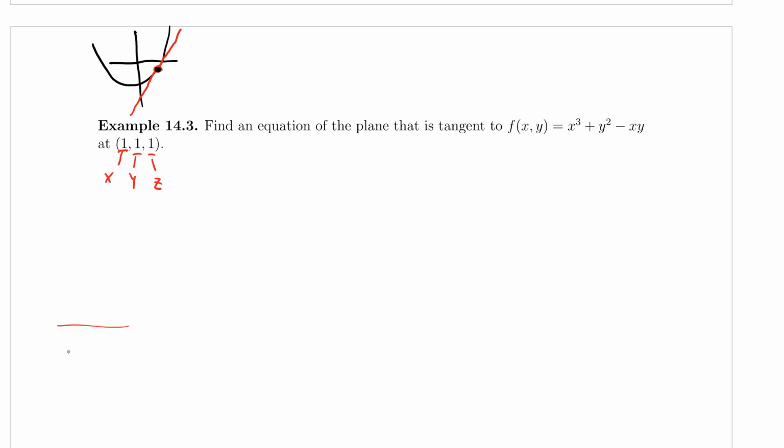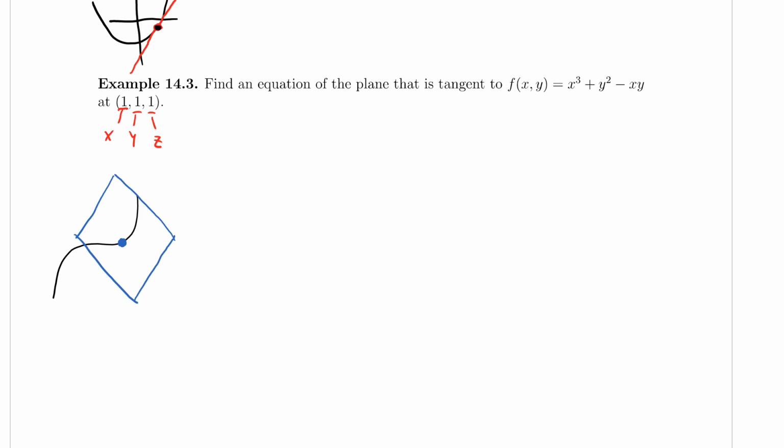So I have the funny looking surface that we were looking at earlier. I have the blue point on this surface, and I would like to find an equation of the plane that would be tangent to this surface at the blue point.